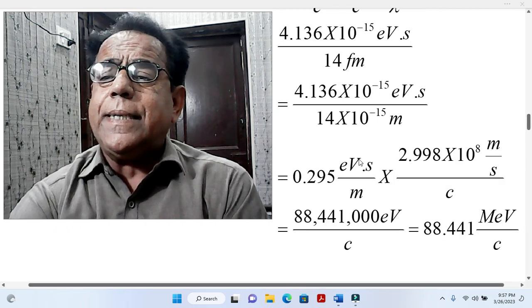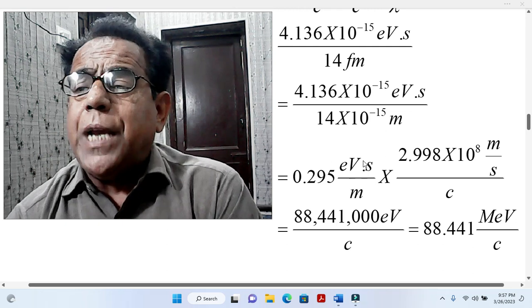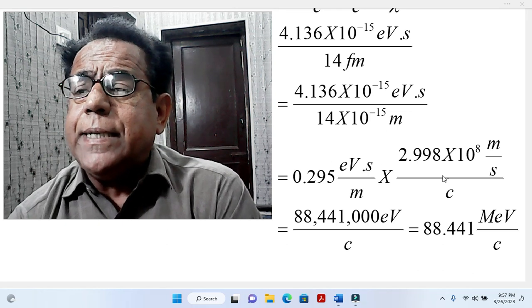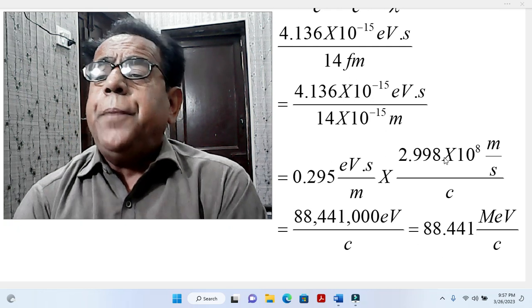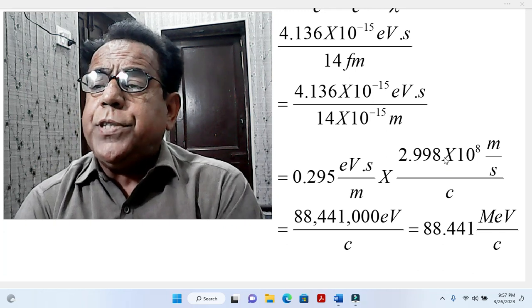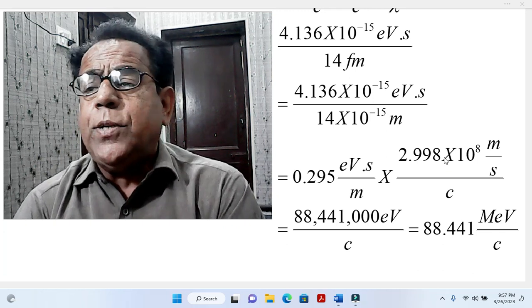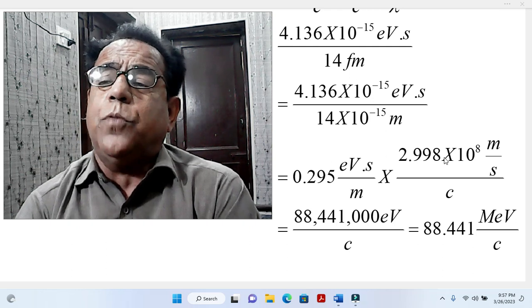In the next step, what are we going to do? Now we are multiplying and dividing it with c. There will be no difference, but the only difference is that in the numerator we are using the value of c, but in the denominator we are just using the symbol c, speed of light.